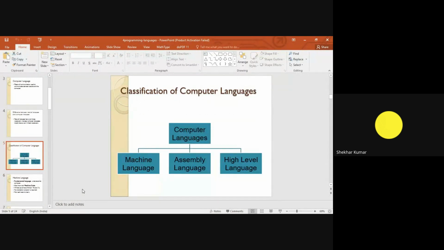Then languages are classified into three ways. In the present scenario, programming language is a very wide, very vast area in the field of research and engineering in day-to-day life, because the computer is involved in every field nowadays.